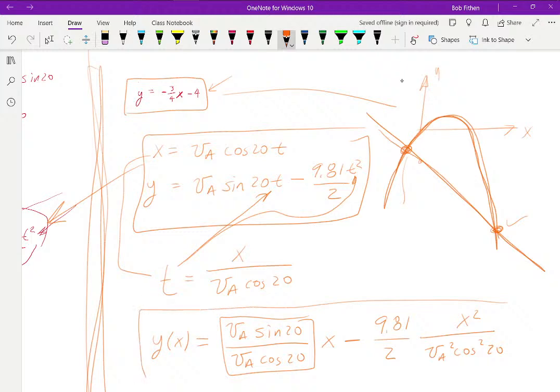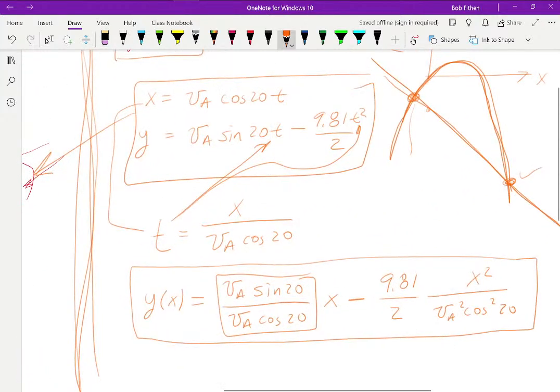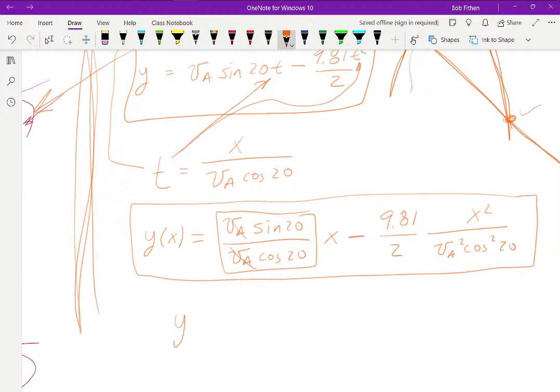Now herein lies the difficulty of this approach. Okay, it is true this will cancel that, and what I'll get is tangent of 20 degrees x minus 9.81 over 2 x squared over VA squared cosine squared 20.